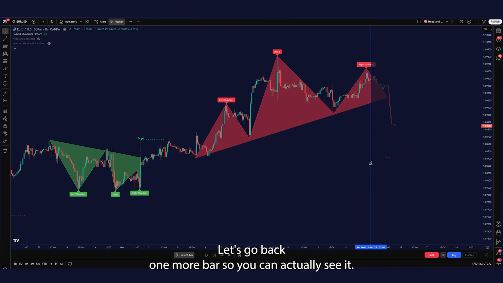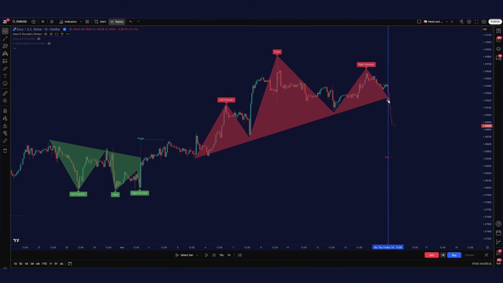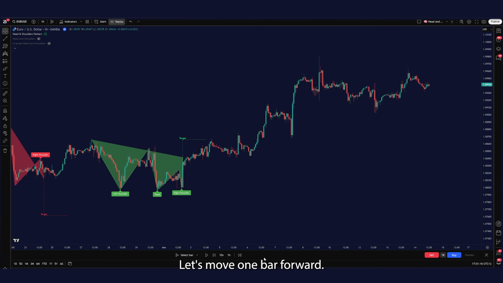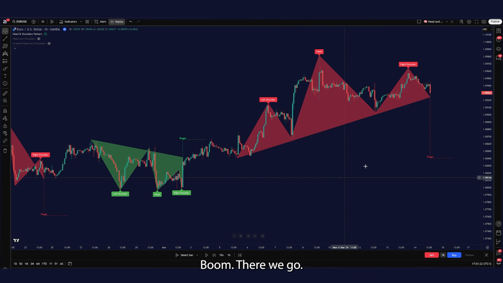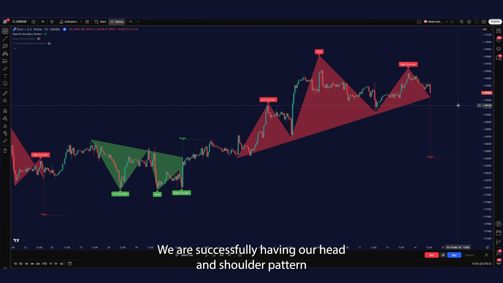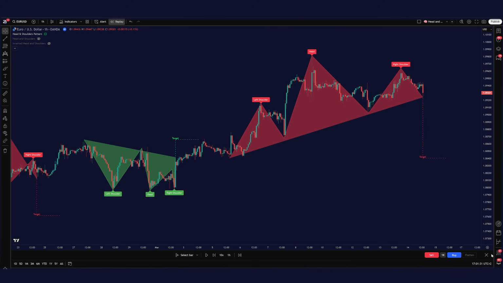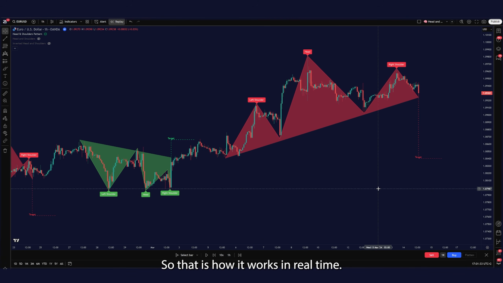Let's go back one more bar so you can actually see it. No pattern at this bar. Let's move one bar forward. Boom, there we go. We are successfully having our head and shoulders pattern with the target projected right away. So that is how it works in real time.